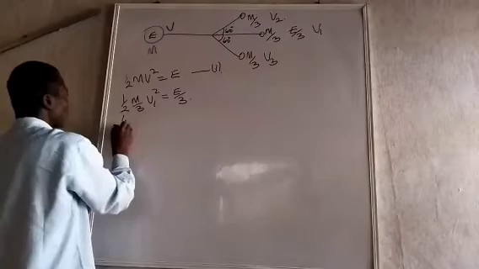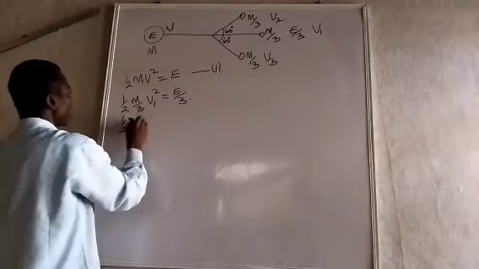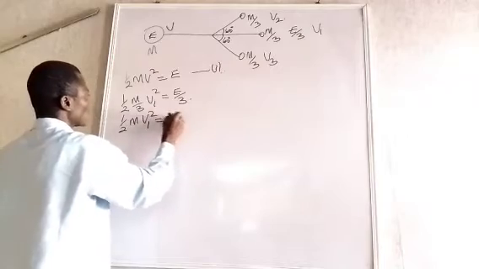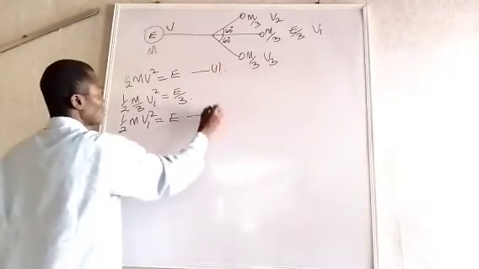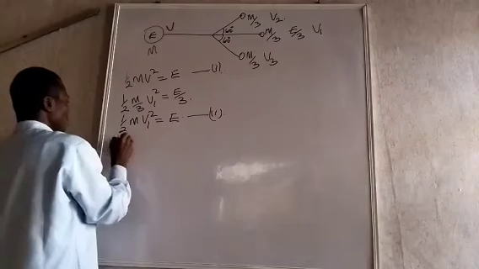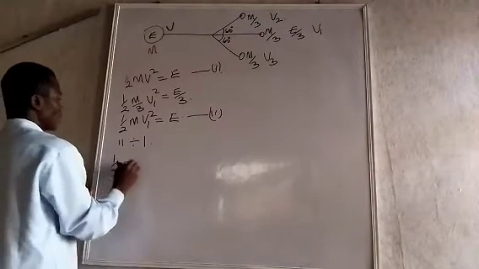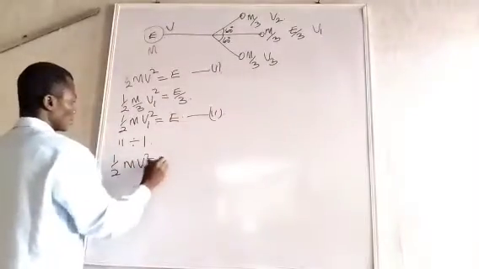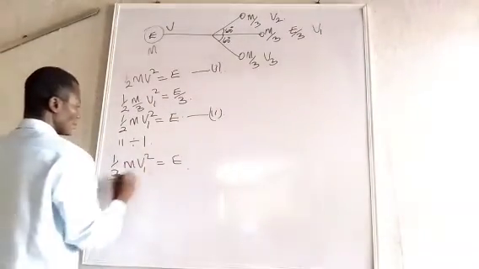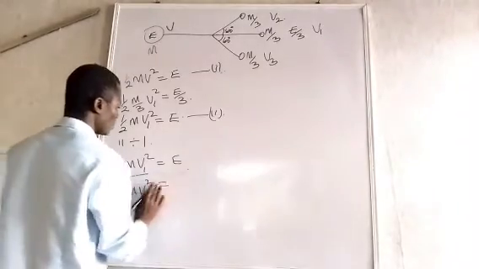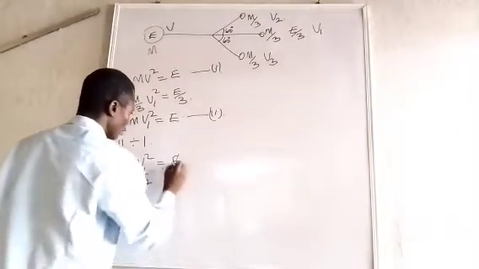We are going to have half m v1 squared is equal to E. So let's divide the two: half m v1 squared over half m v squared is 1.